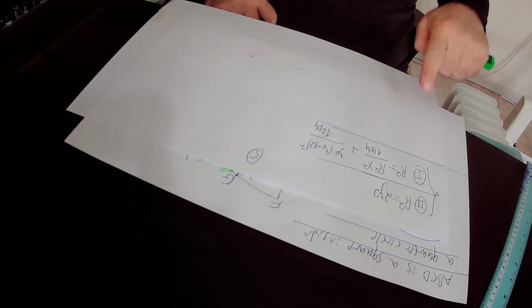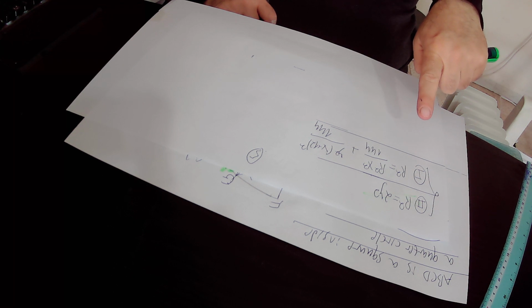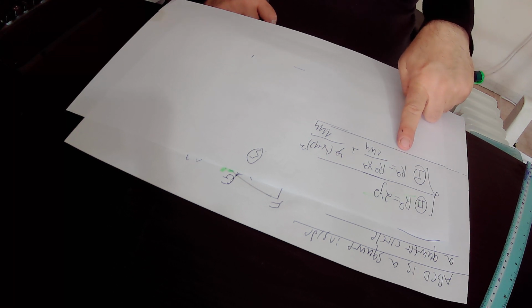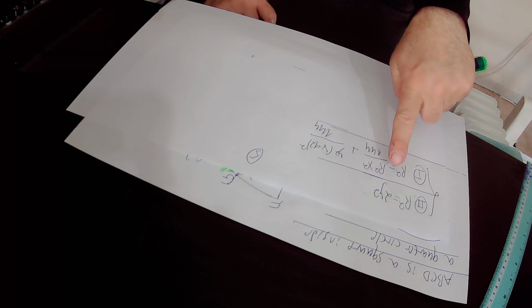So we have r square on both of these two equations, and therefore we can substitute r square from equation 1, 2y square, into equation 2.